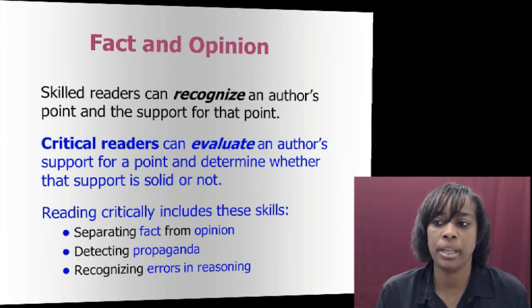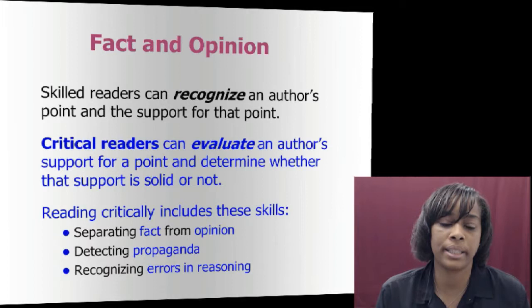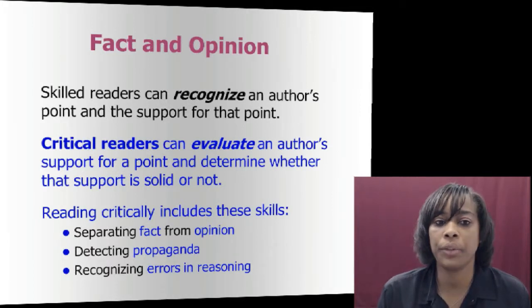Fact and opinion is where readers recognize the author's points, and the author's responsibility is to give you supporting information. This is not only important in reading, but in the real world, because we vote, and we have advertisers giving us information, and we have to be able to evaluate that information to see if it's supported with solid evidence.